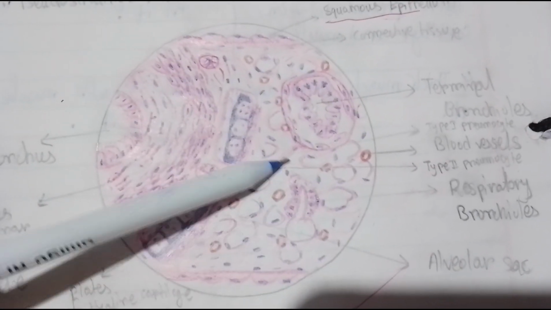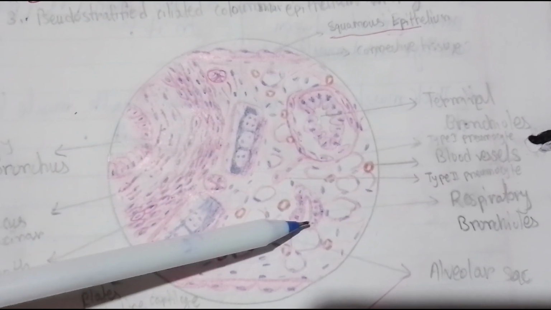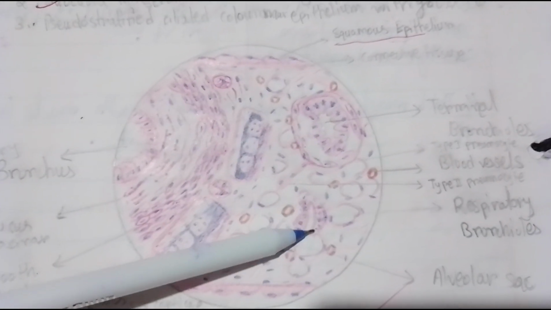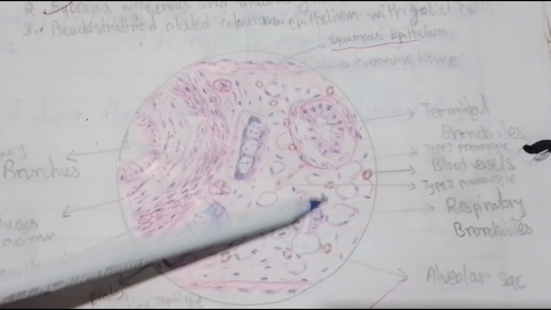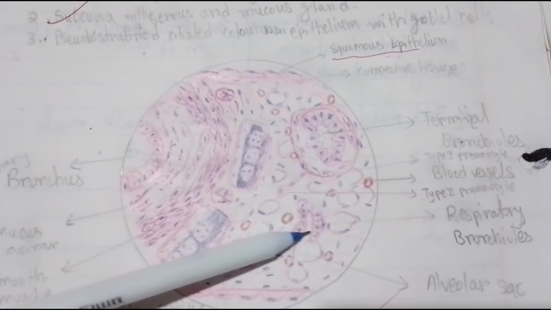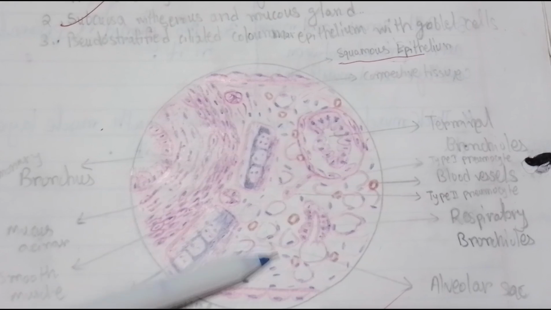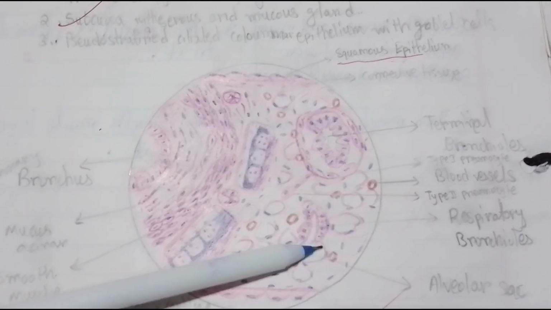This layer is the cuboidal epithelium layer, and there is empty space, and this is the respiratory bronchiole. Here there is no smooth muscle, only the lining epithelium is present.